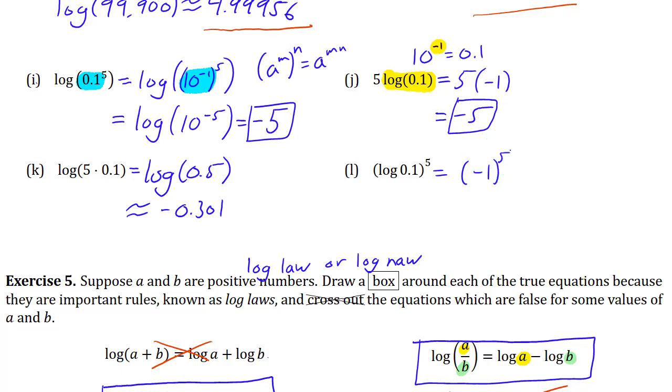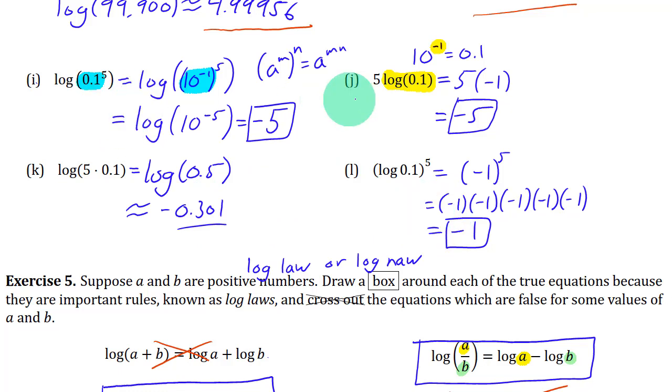This just means negative 1 times negative 1 times negative 1 times negative 1 times negative 1, 5 times, and that just results in negative 1. So K and L each result in things that are different from each other and different from I and J. So there are no nice log laws that involve things of this form.